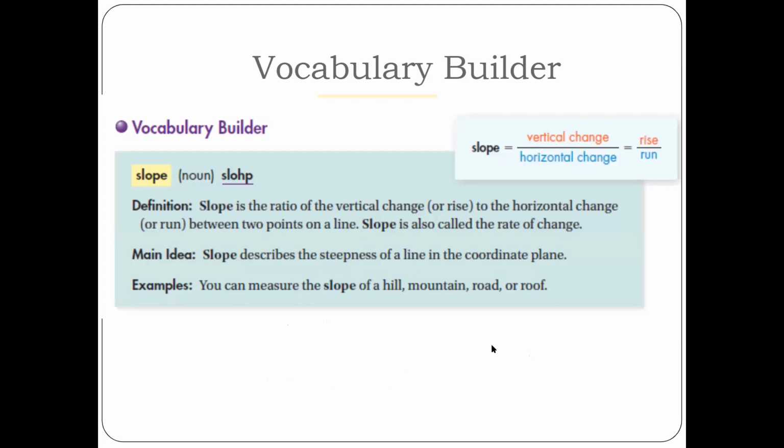Here's where we start talking about all the different ways we can describe slope. The little light blue box up to the right, it says vertical change over horizontal change. The change in y over the change in x. Rise over run.